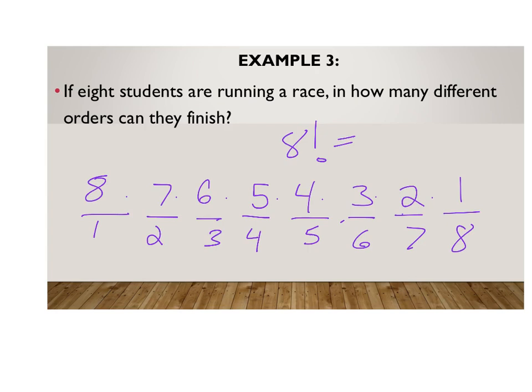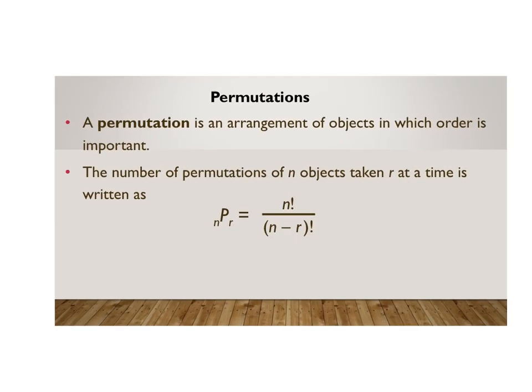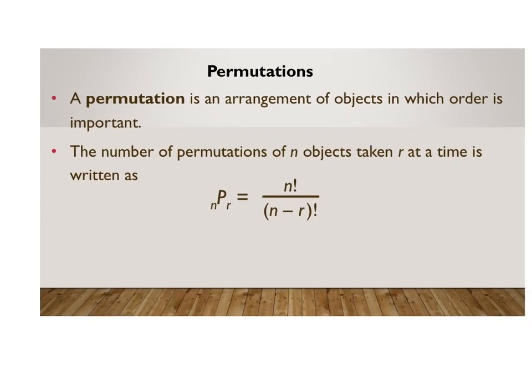I hit enter, and I get 40,320 possibilities of 8 students running a race. Now, we know there's other things that go into who wins besides totally random, but let's say it was random.